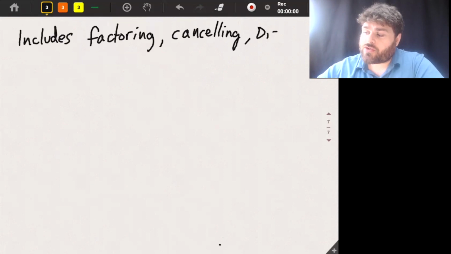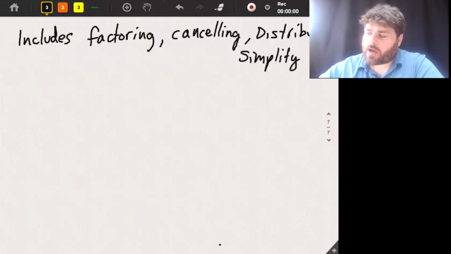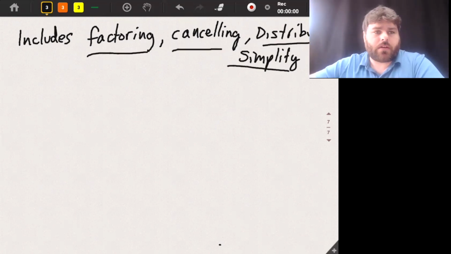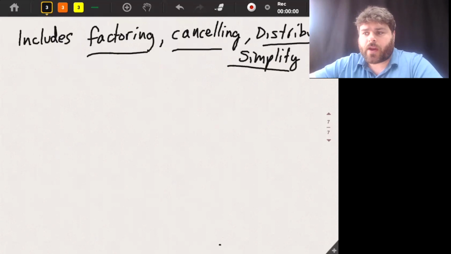Any kind of distributing, or anytime we're just simplifying in general. Could be a fraction, could be an expression, could be a term, whatever. Anytime we're doing factoring, canceling, distributing, or simplifying, that's all under the umbrella of simplifying. So those are just some examples of things you might see.